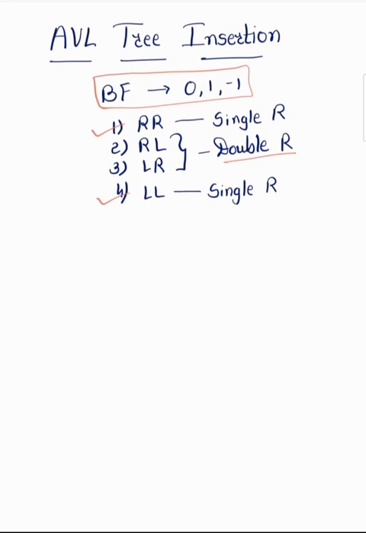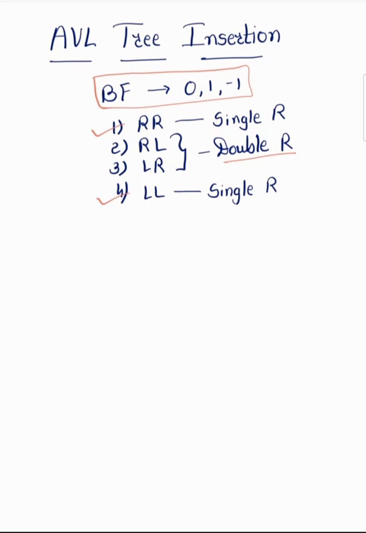After insertion, we need to check the balance factor, and at that moment we come to know this is my critical node. Then we need to recheck on which side of the critical node the newly added node is added.